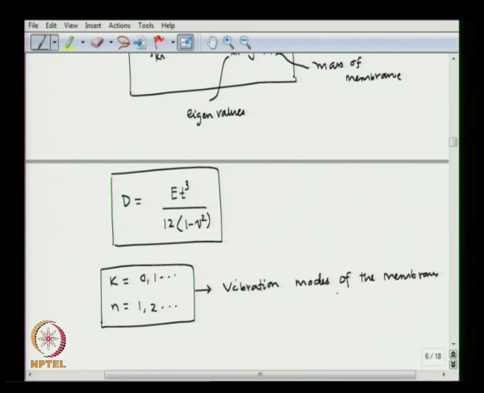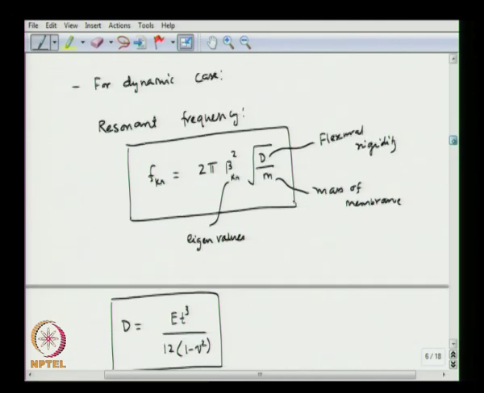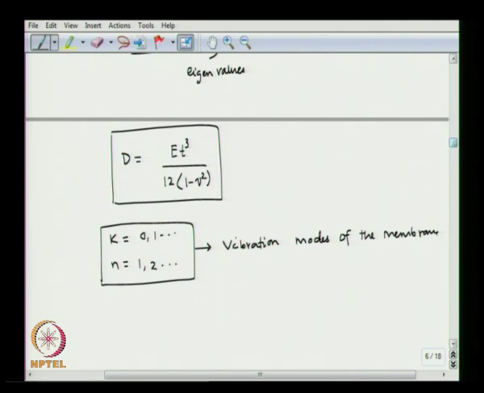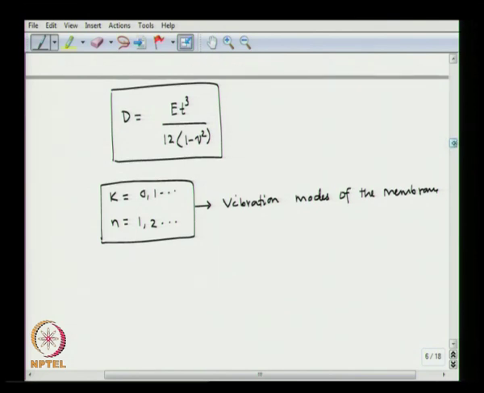Considering the first 3 vibration modes, we can write the values of the eigenvalues.